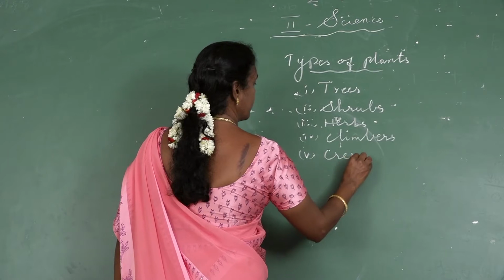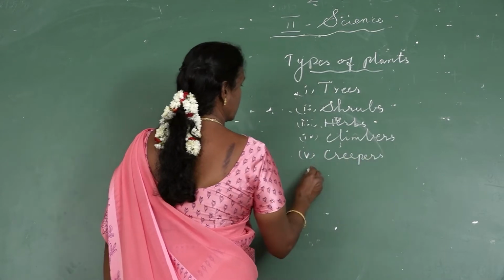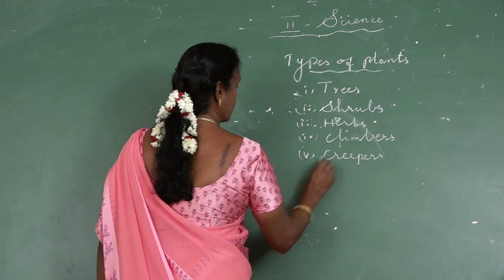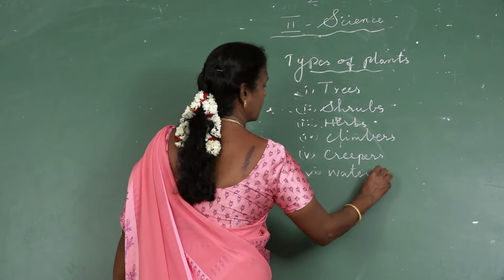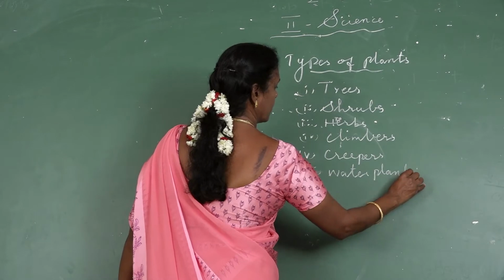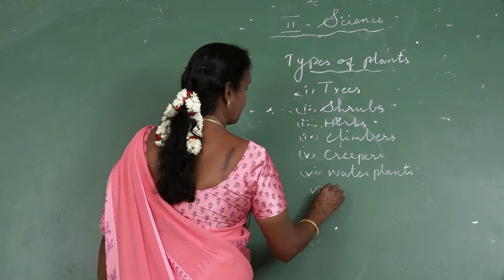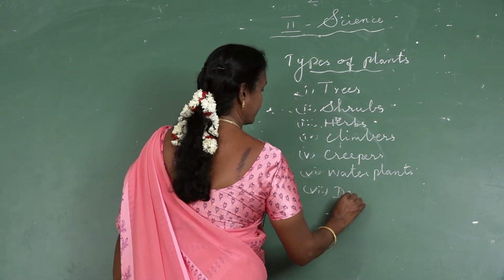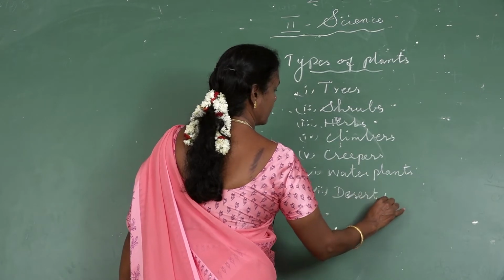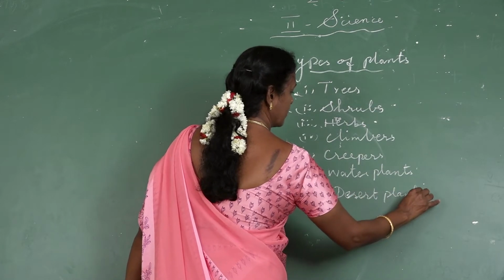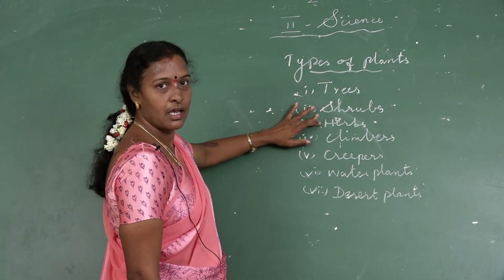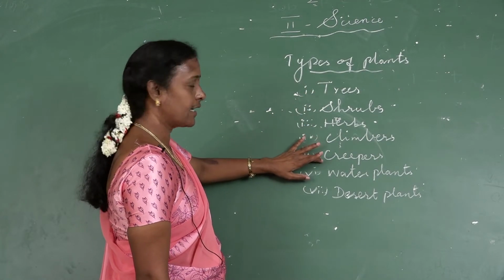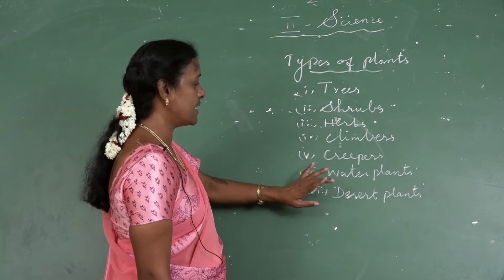Next, creepers. Water plants. And desert plants. Trees, shrubs, herbs, climbers, creepers, water plants and desert plants.